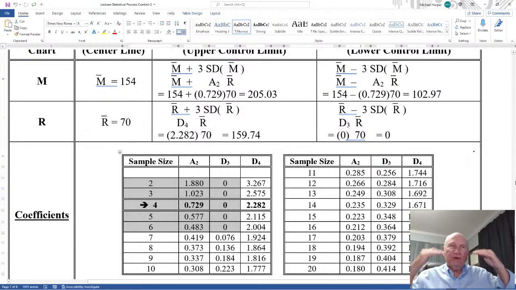They've already truncated or replaced it with 0, because you can't have a negative range. You're not allowed to have a negative range. It's undefined in this application. So therefore, it's just 0. So here's an example of just the lower limit being 0.